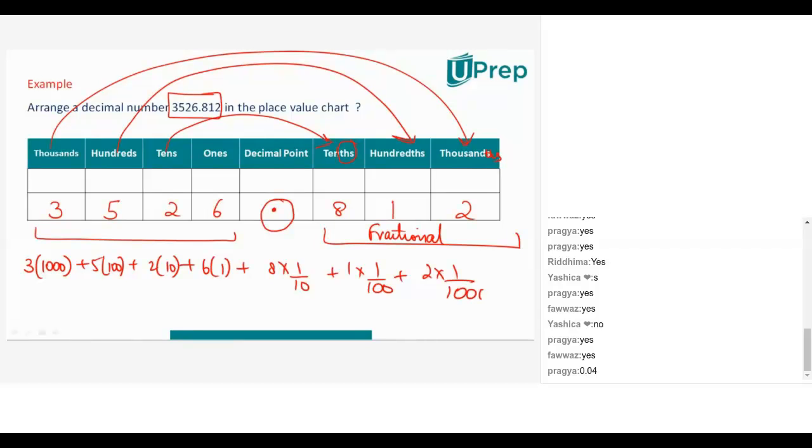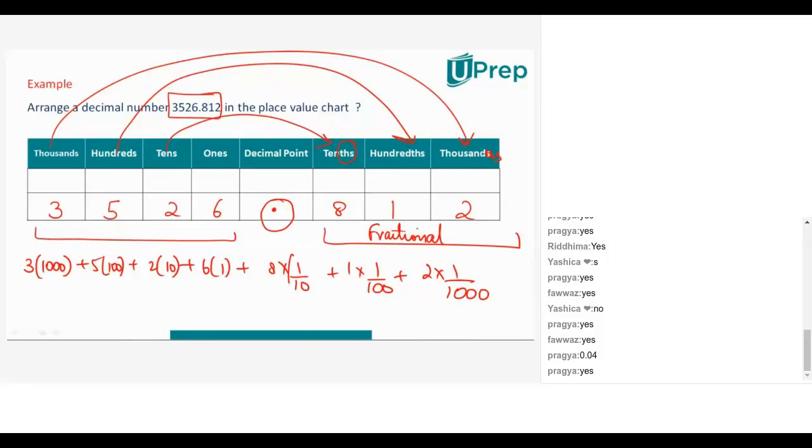Yes. Sir, I understood the previous slide, but I have a doubt. In the decimal place, in the expanded form, why did you write 8 into 1 by 10? We can also just write it like 8 by 10. Correct. Yeah, I'm trying to expand it and explain to you how we are getting it.